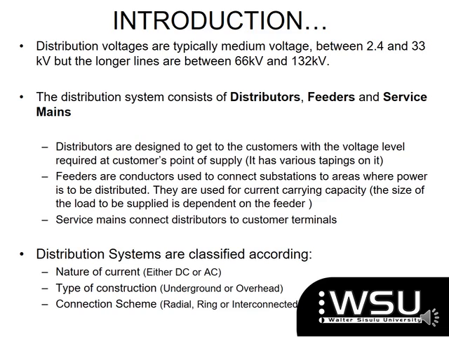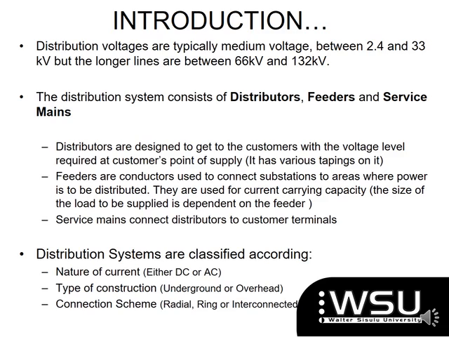Then for your feeders, we're talking about conductors that are used to connect areas from your substations in order to power your network, and they are used for their current carrying capacity. And so the size of the load to be supplied is really dependent on your feeder.